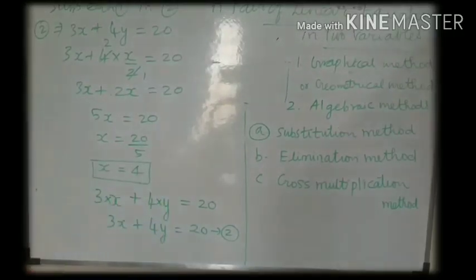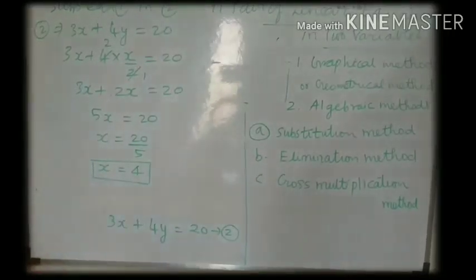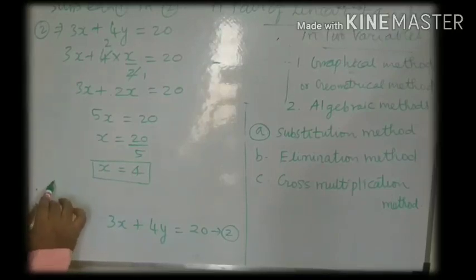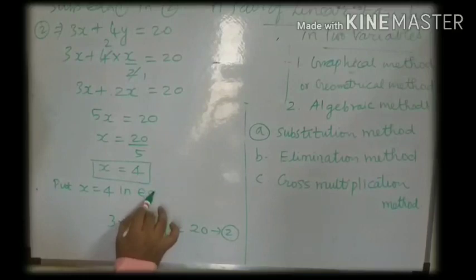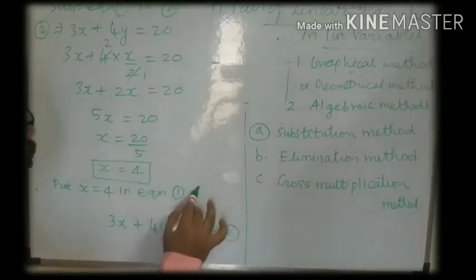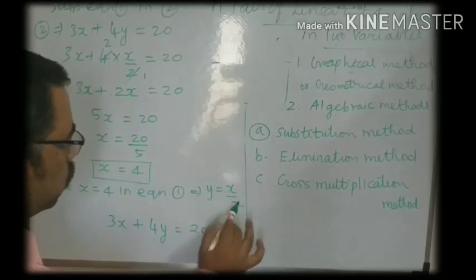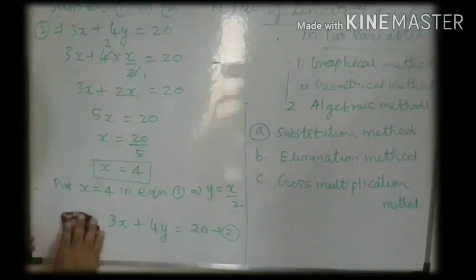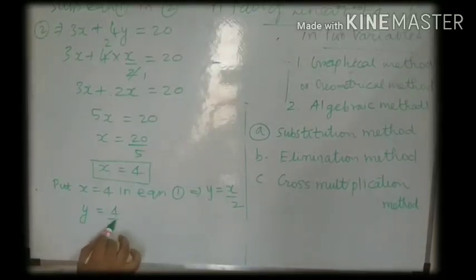So once we got the value of x, you can substitute this value in the first equation. Put x is equal to 4 in equation 1. Equation 1 is what? y is equal to x by 2. So when you substitute in this, you get y is equal to 4 by 2.